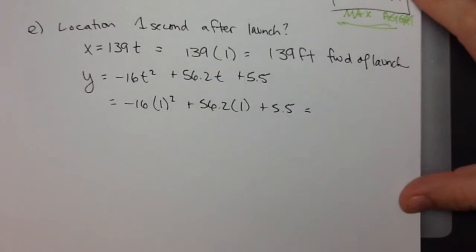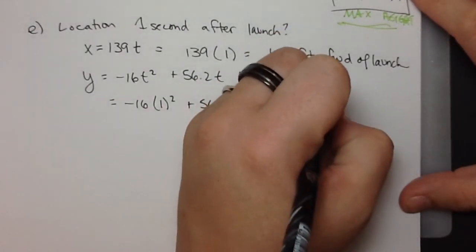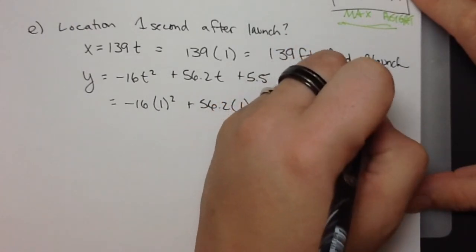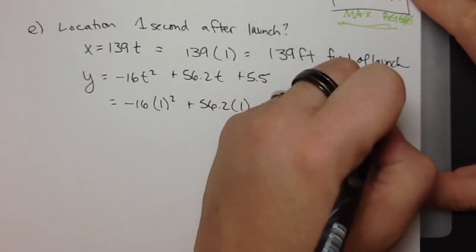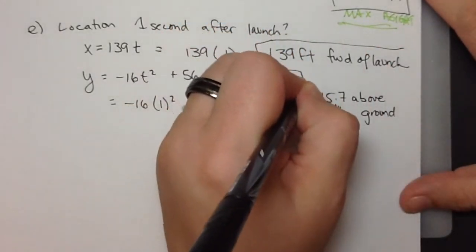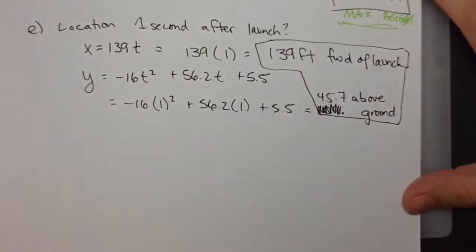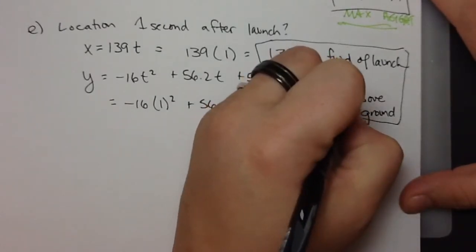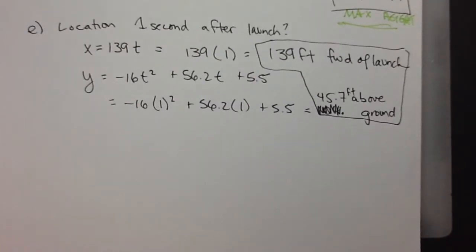And we get vertically the elevation as 45.7 feet above the ground. All right, so guys, this is the answer to part E. 1 second after it was launched, the ball is 139 feet forward of the launch point and 45.7 feet above the ground.